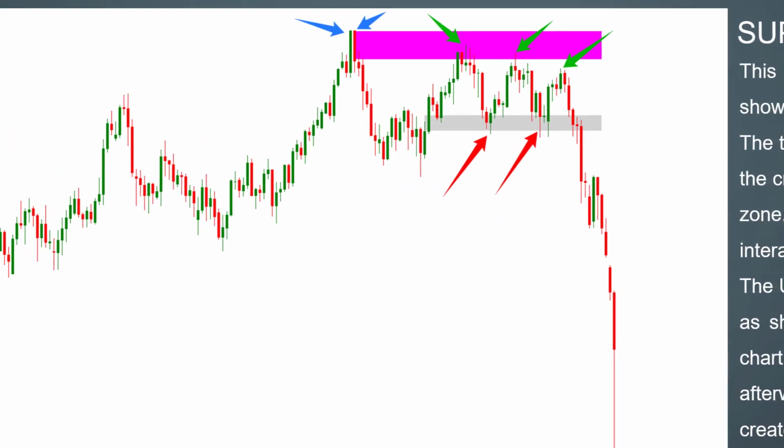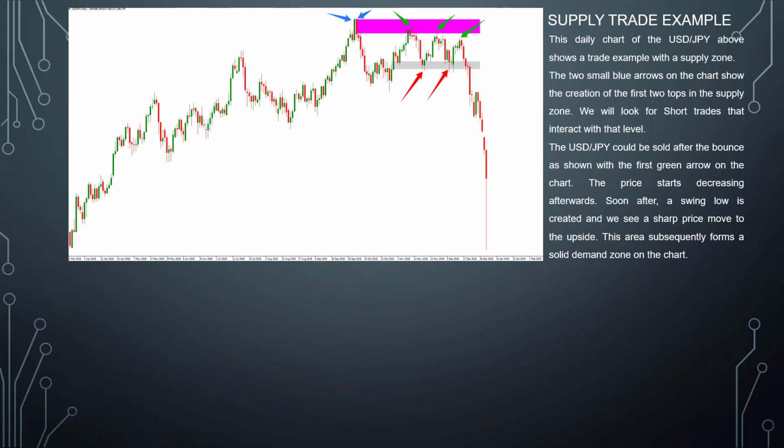You see, the two small blue arrows on the chart show the creation of the first two tops in the supply zone. We will look for short trades that interact with that level.